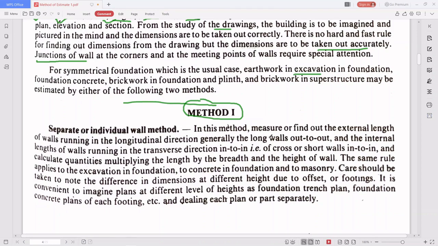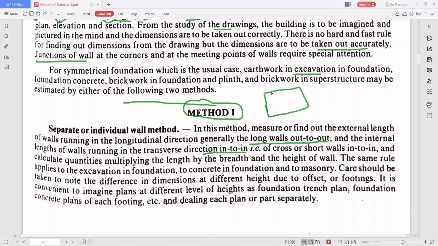In this method, measure or find out the external length of walls running in the longitudinal direction. Generally, the long walls are taken out to out. Whatever I am underlining, please keep it in mind. So, long walls out to out, and the internal length of the walls running in the transverse direction in to in. If we take a room, which is the long wall?